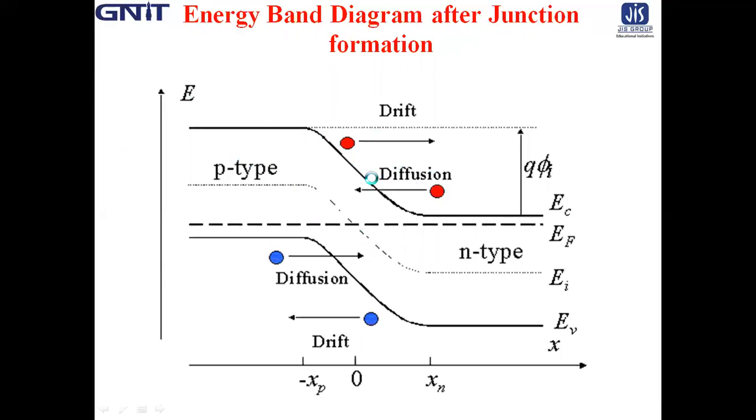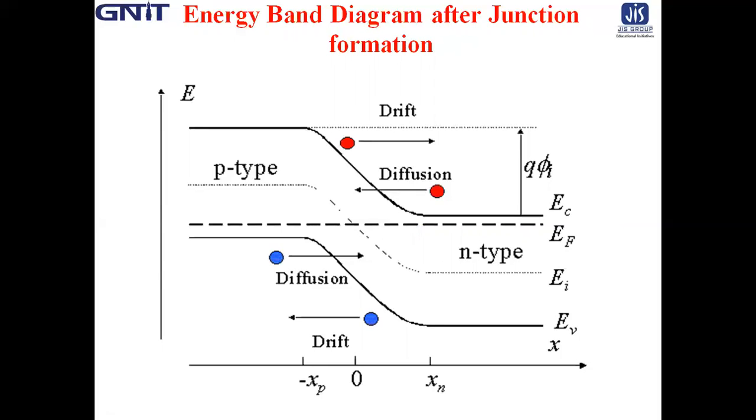Now come to the middle region. Middle region is the depletion region. The energy band is bent downwards to align the Fermi levels of P and N regions.